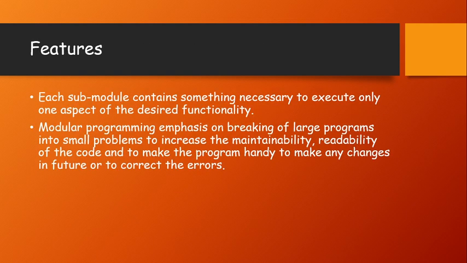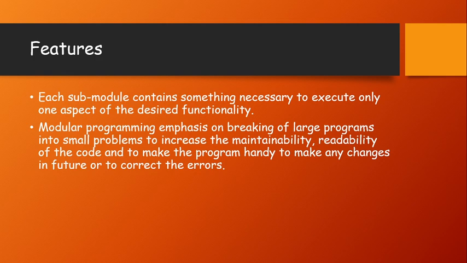So what are the features of modular programming? Each module contains something necessary to execute only one aspect of the desired functionality. In the case of a bike, a brake module will be there. That's a unique module only for brake applications. So that's the main thing.